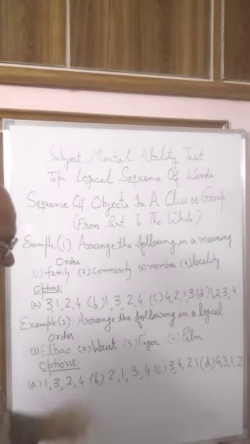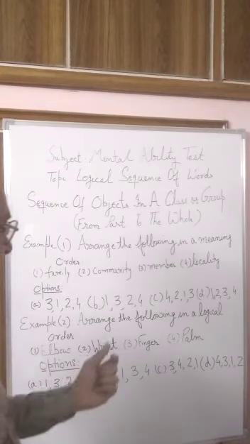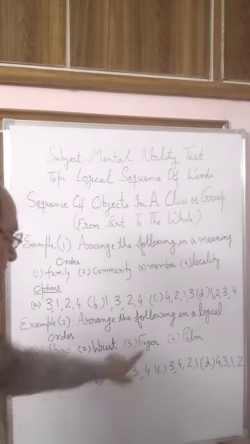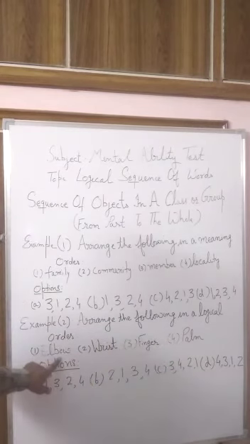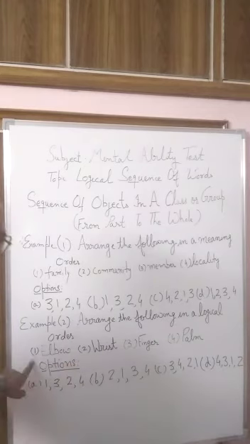Finger is connected with palm, and palm is connected with wrist, and wrist is connected with elbow. So if we go through it very carefully, our sequential order will be like this: finger, palm, wrist and elbow. That is 3, 4, 2, 1.